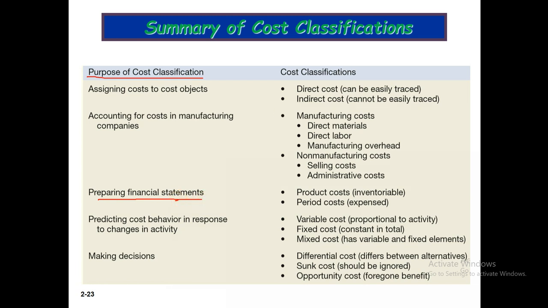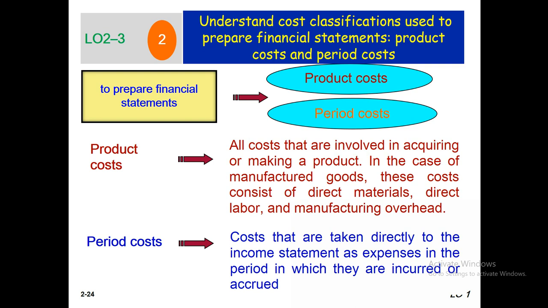On the basis of preparing financial statements, cost is classified in two ways, product cost and period cost. To prepare financial statements, cost has two types: product cost, which is product related cost, and period cost, which is period or time related cost.